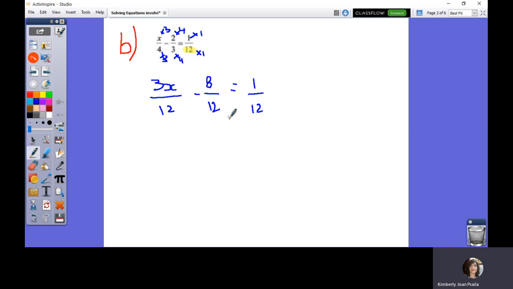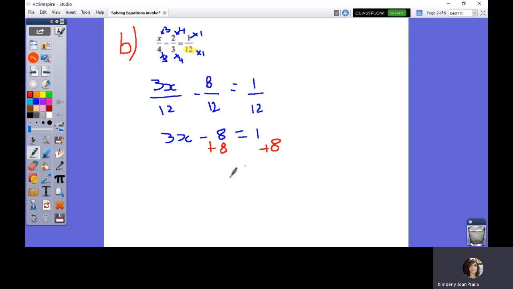Next step is to remove the denominator so that we can solve the equation easily. You remove the denominators when they are the same. Next step is to solve the equation. So first we get rid of this minus 8, so you add 8 on both sides to cancel them out.